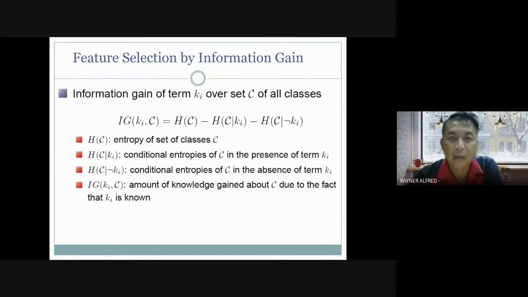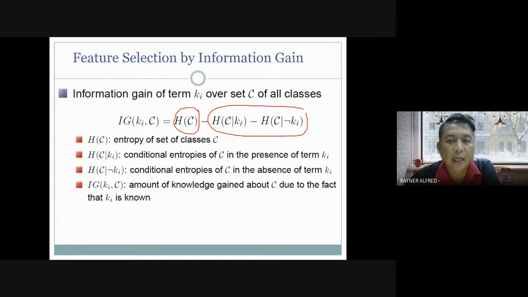Okay. We could also perform feature selection by using the IG, or information gain. This is where we compute the entropy before and after we split the documents according to keyword.